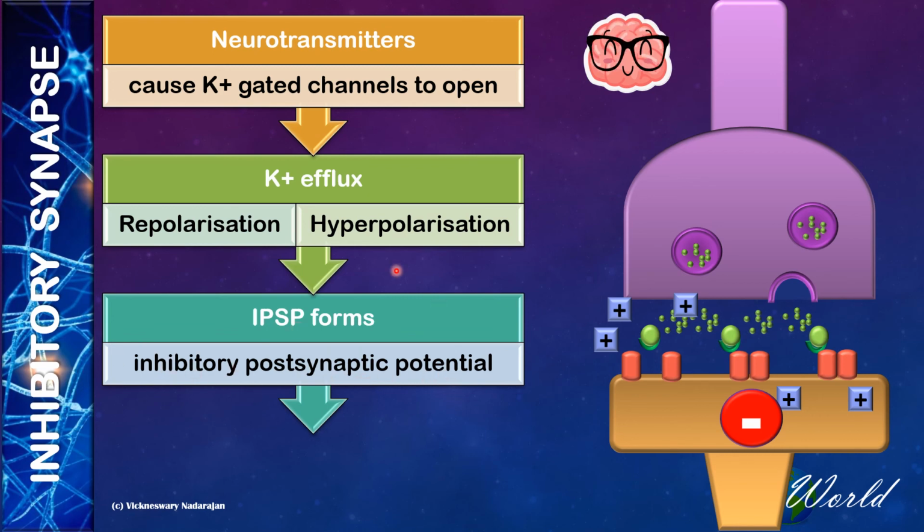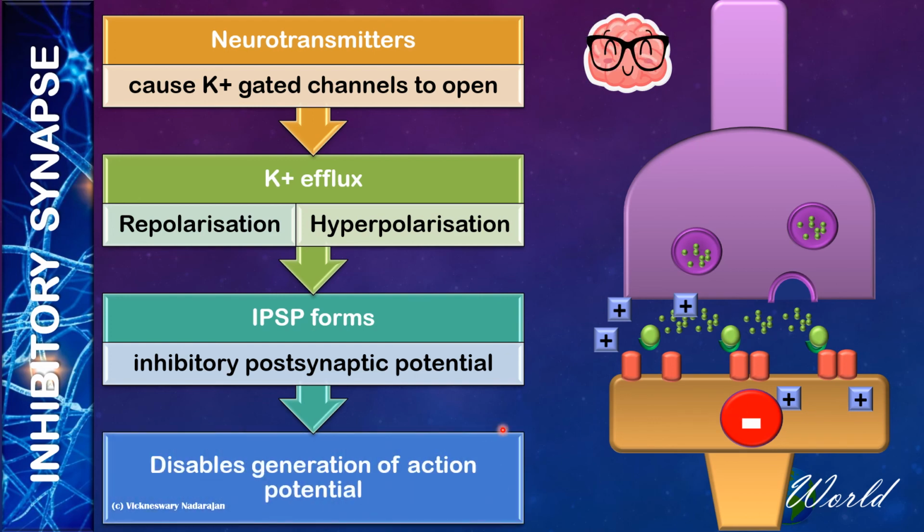So once there is an IPSP, where the membrane potential is now extremely negative, there can be no generation of an action potential. So that is why the person panics and is unable to respond.